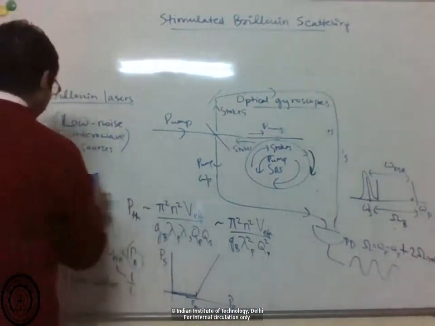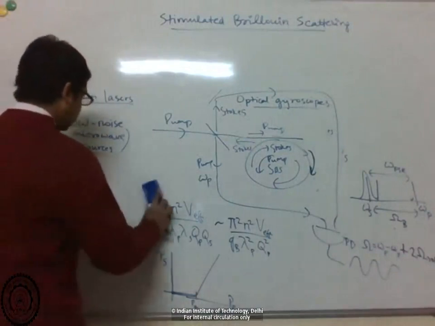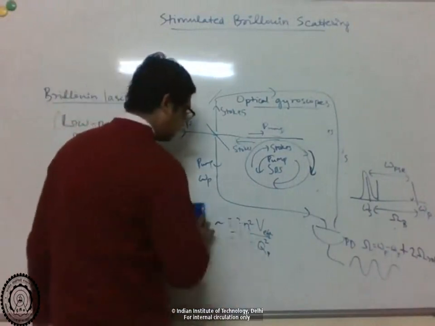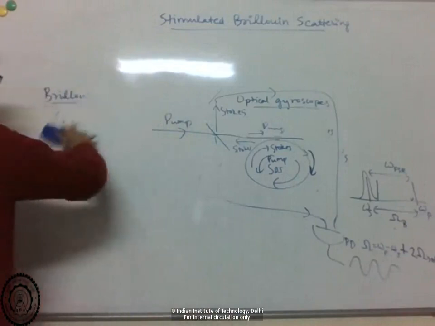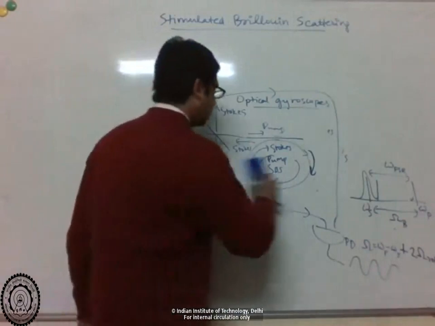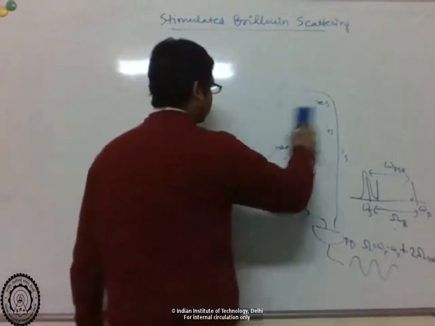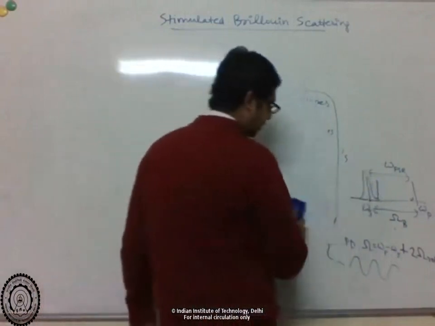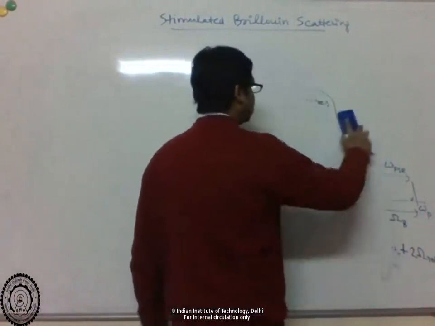Okay, so finally, one more application for SBS is slow light, or optical delays or optical buffers. We discussed this briefly for Raman scattering also, but actually with Brillouin you can get more delay because the gain bandwidth is much narrower for the Brillouin, right?